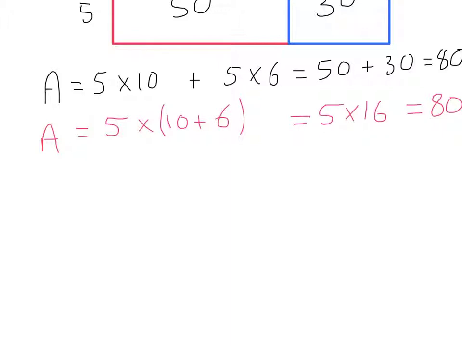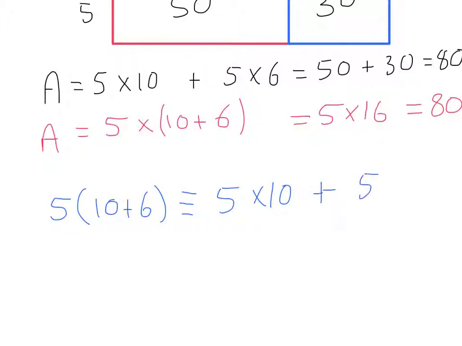I could say that 5 times by 10 plus 6 is actually completely identical to 5 times 10 add 5 times 6. That means that this expression on the left is exactly the same thing as this expression on the right, just written in a different way.